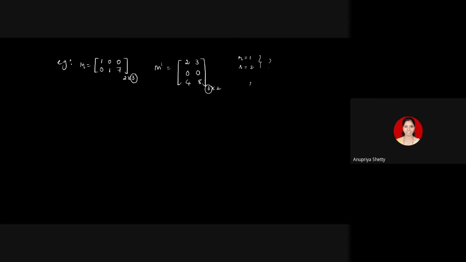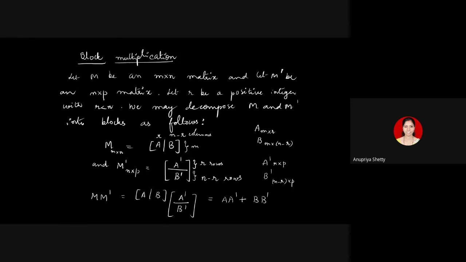We will take R to be equal to 2 here. So I'm separating after 2 columns here, and here I'm separating after 2 rows. I'm using exactly the same method, remember? Here, separation is done after R number of columns, here after R number of rows.